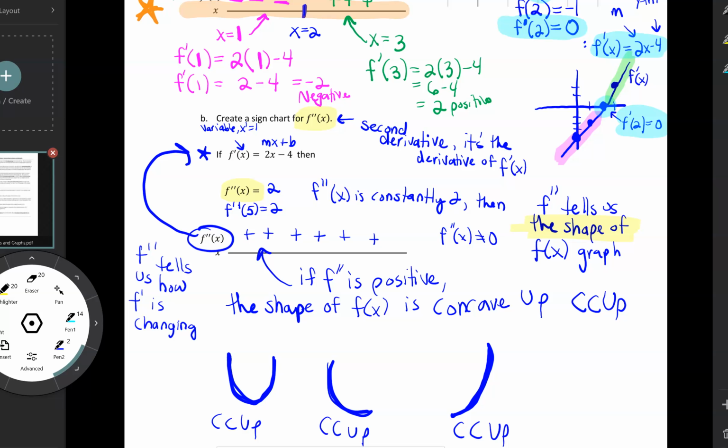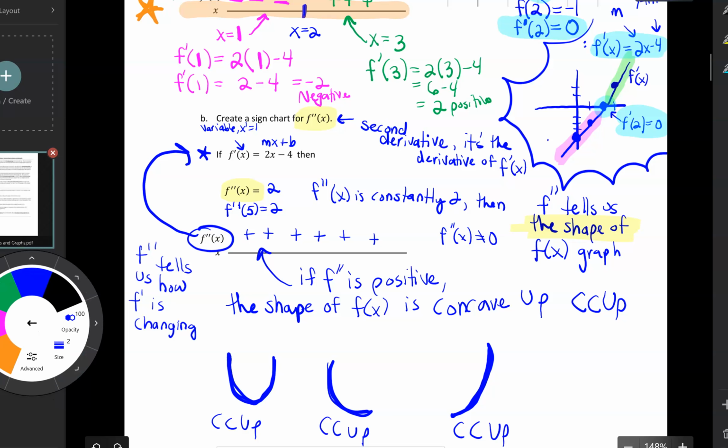And if the second derivative is always positive, remember that graph of the first derivative I drew over here? See how the tangent lines on that one are always positive? They're always going up. Remember that derivatives are tangent lines.